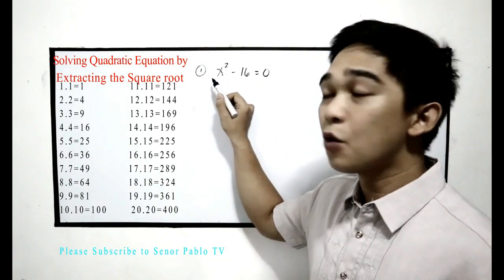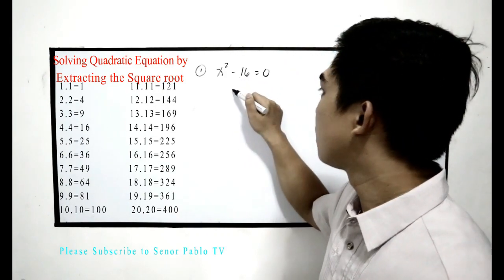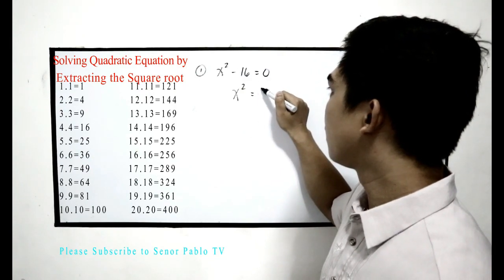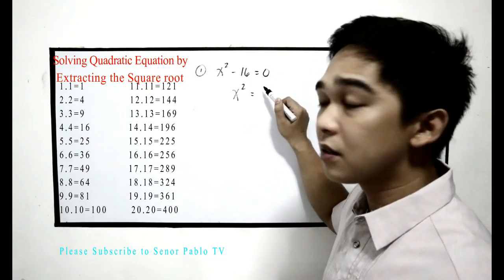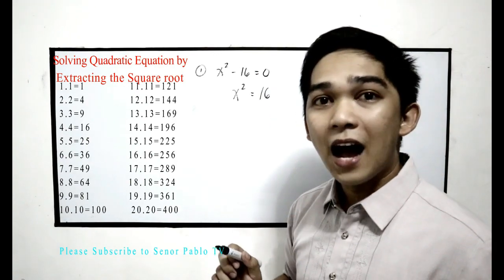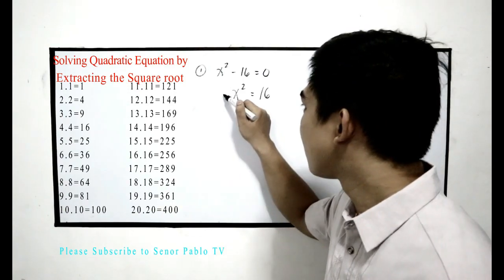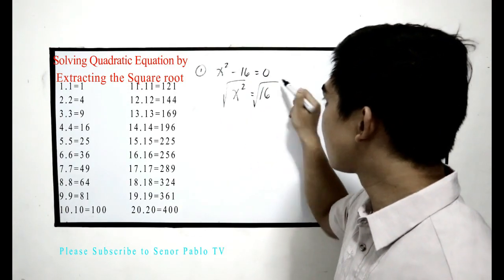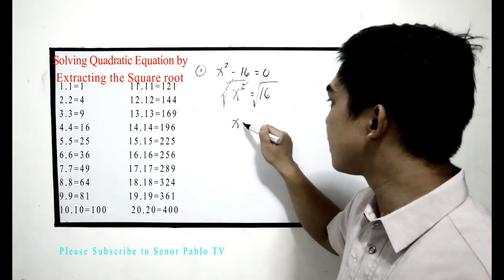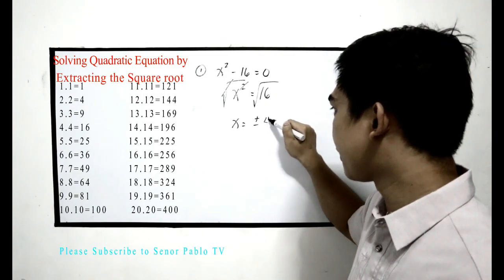That means we need to transpose negative 16. So x squared is equal to 16, since the negative transposed becomes positive. Now, get the square root. Square root, square root, so this will be cancelled out. Now x is equal to positive negative 4.